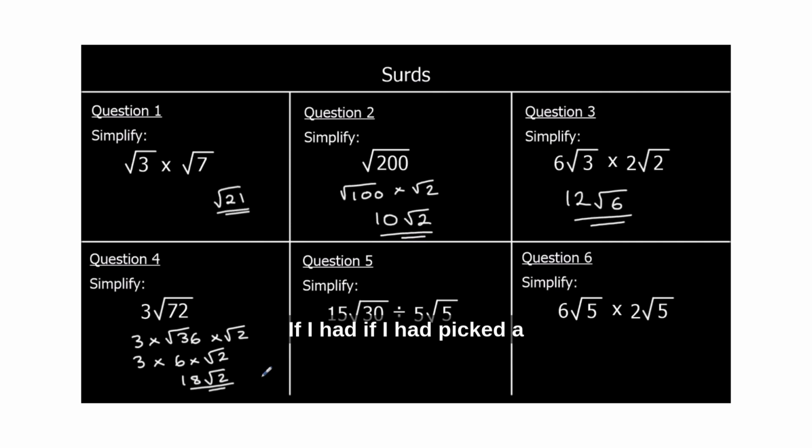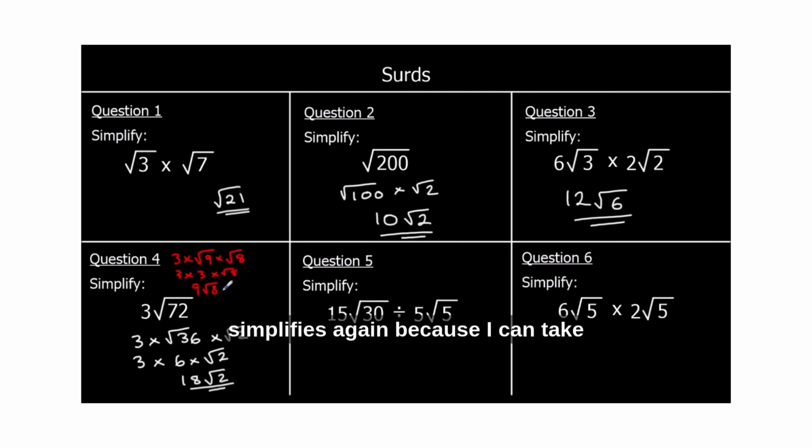If I had picked a different square number, I would have had to simplify it again. So if I had picked 9 and done 3 times root 9 times root 8, I would have had 3 times 3 times root 8, which is 9 root 8.